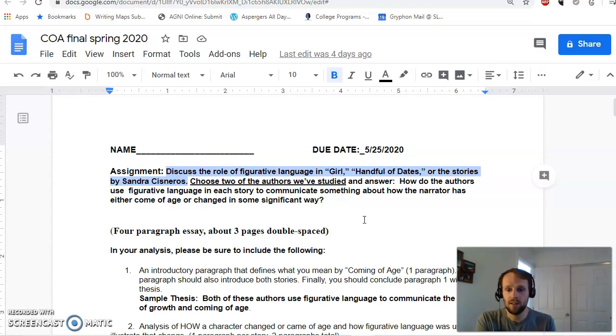So that's metaphors, similes, symbolism, just deeper meaning in figurative language in general. Okay, because figurative language can tell us a lot of things that the direct text does not.